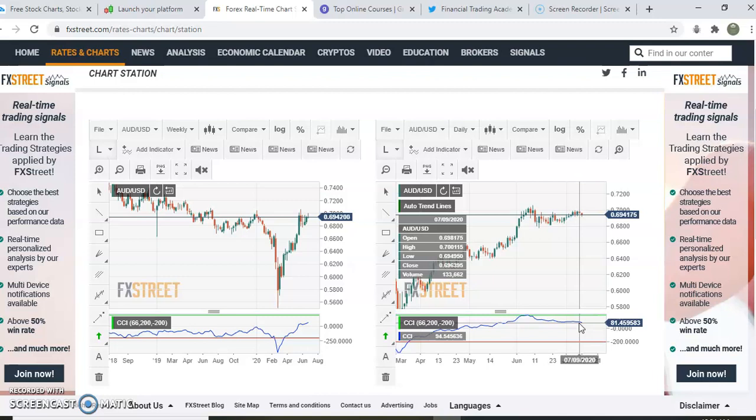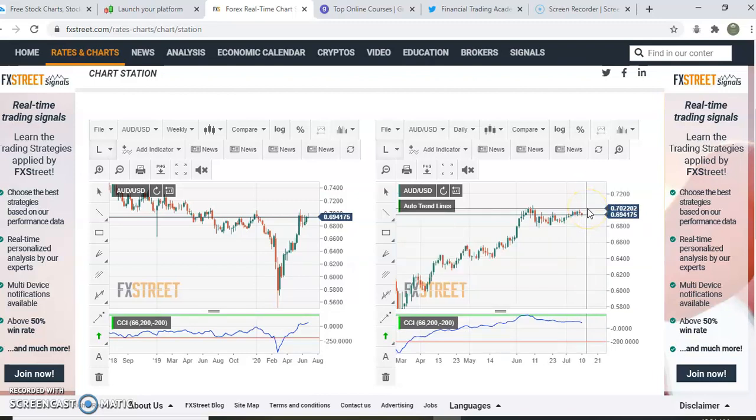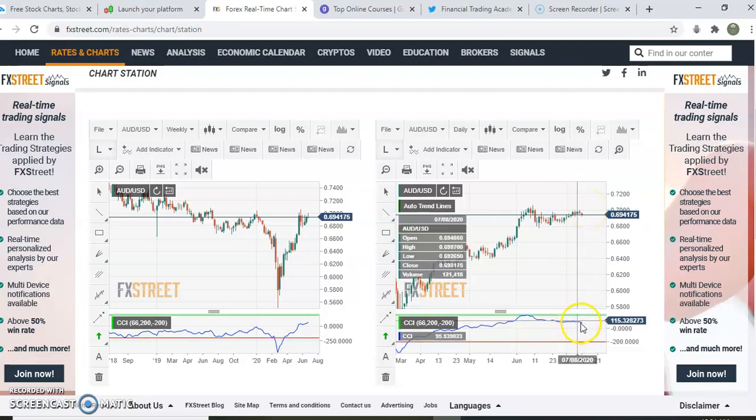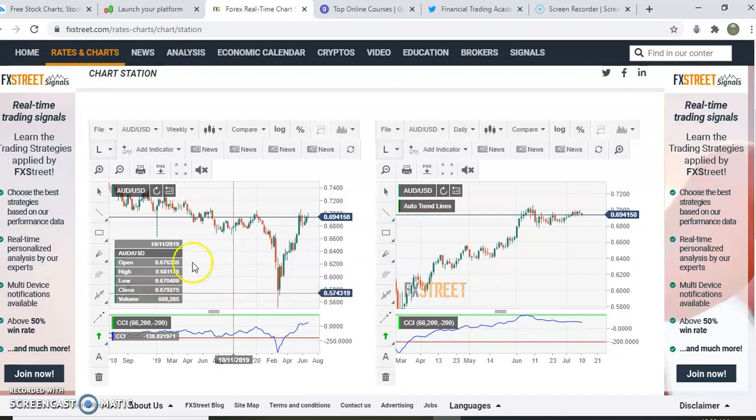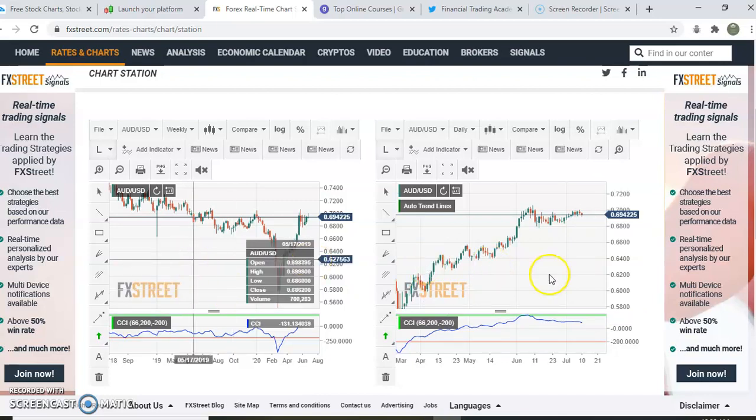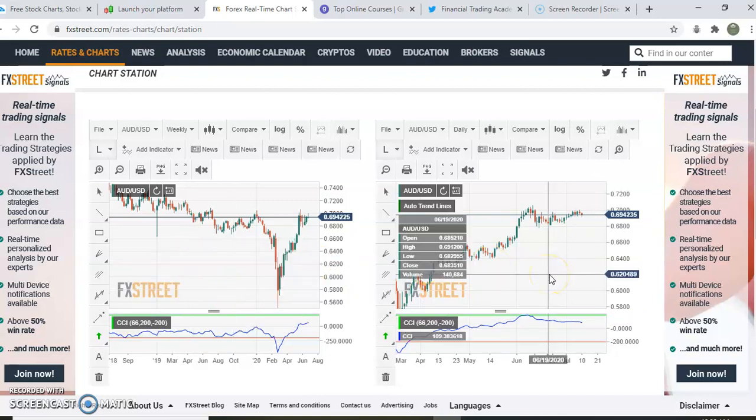So here, once we see the CCI moving up again, the derivative of the CCI being positive again, we will have a very strong buy signal. The weekly one is a buy, the daily one is a buy, but we see that the CCI is moving towards the zero line.